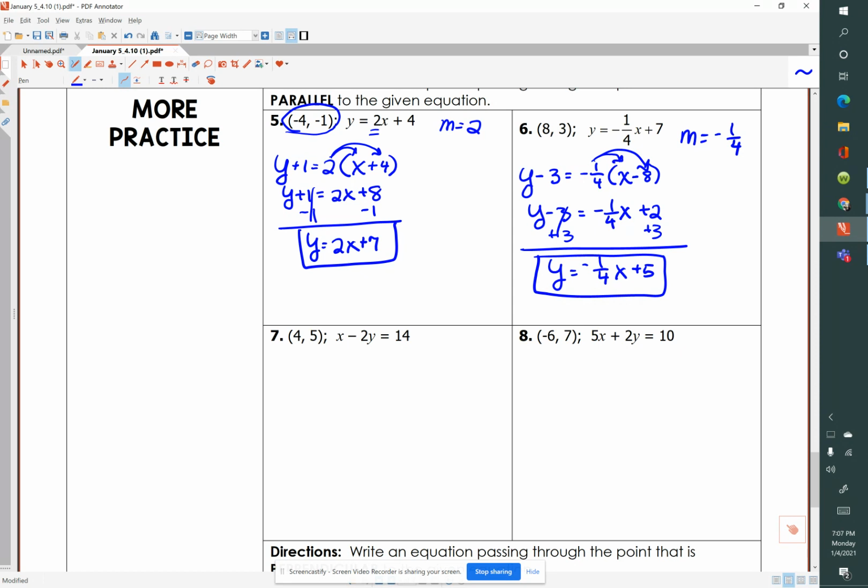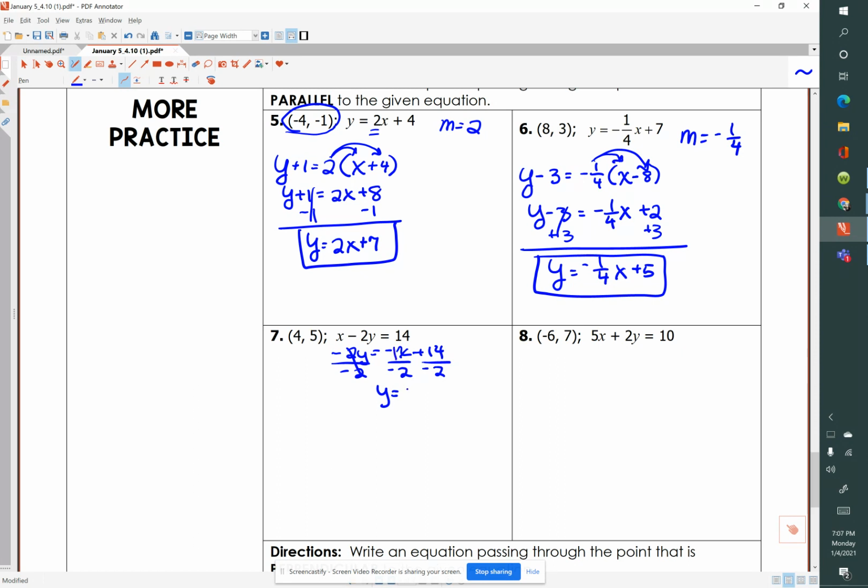Number 7. This is in standard form, we have to put it in slope-intercept form. So the first thing I'll do is move x to the other side, which will give me -2y equals -x plus 14. And then I need to divide everything by -2, which will give me y equals negative divided by negative is a positive, so it's going to be a positive.